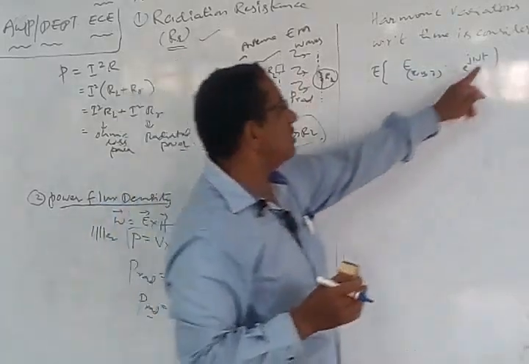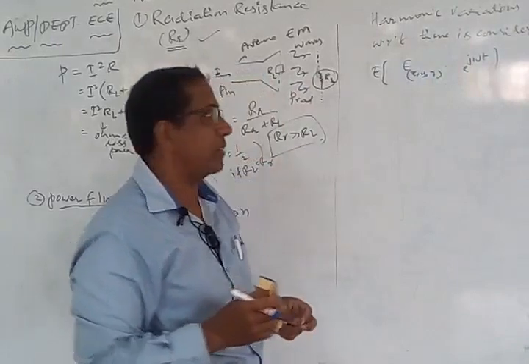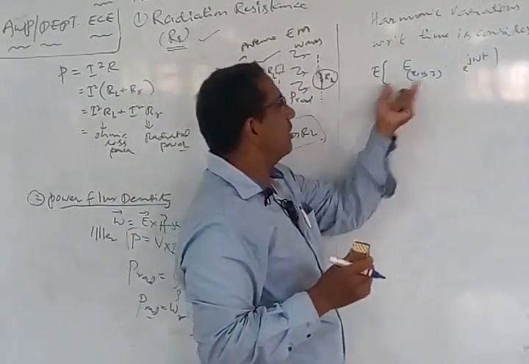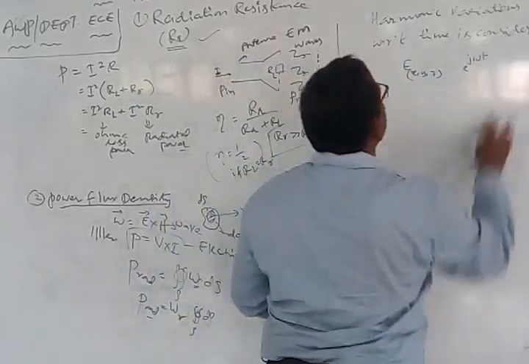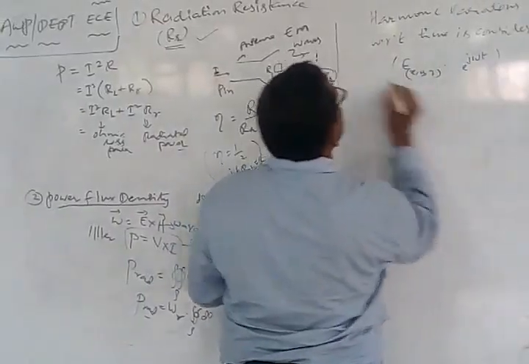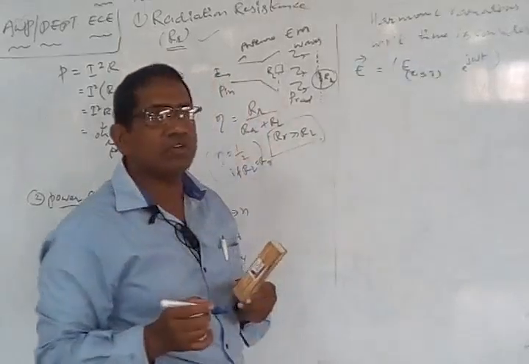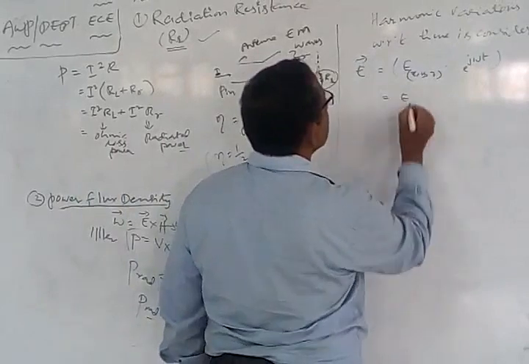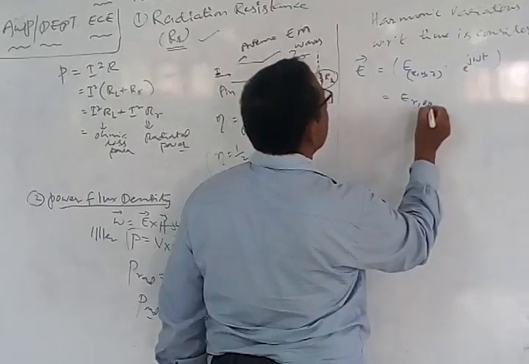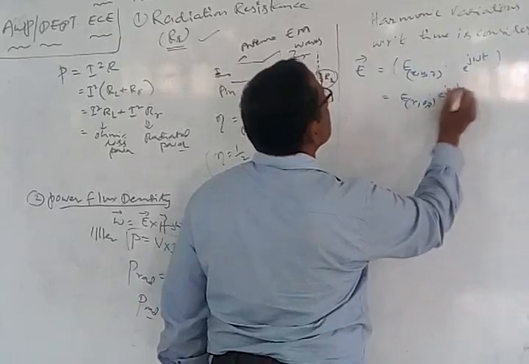So this e power j omega t is the component because of the harmonic variations with respect to time, and E is normally represented in terms of the electric and magnetic fields. This entire thing is the electric field in a particular coordinate system. If I have to write it in a spherical coordinate system, I have E of r, theta, phi into e power j omega t.